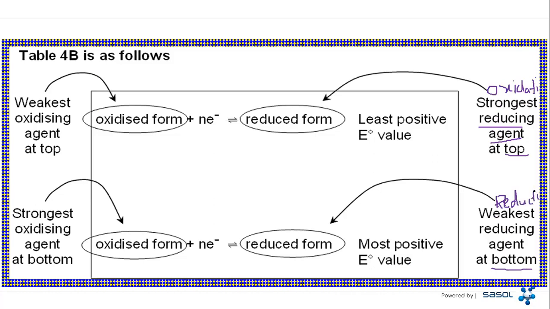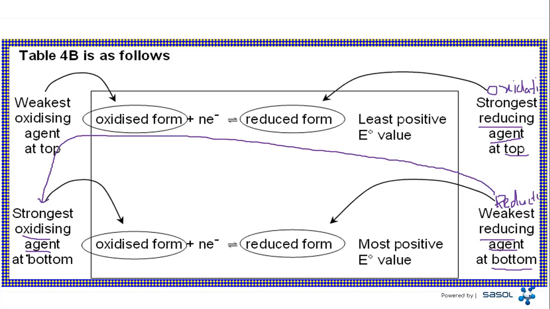So if it undergoes reduction, it means it's not a strong reducing agent. It's actually a weak reducing agent. And to make it simple for you, the one that is at the bottom, my dear learners, it will be the strongest oxidizing agent. Always remember it like that altogether, because reduction, my dear learners, we associate it with oxidizing agent.